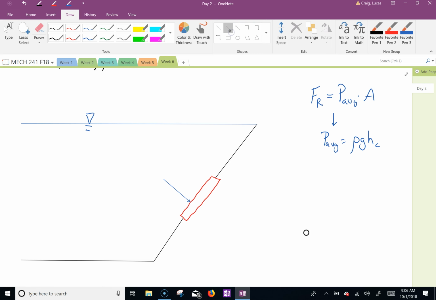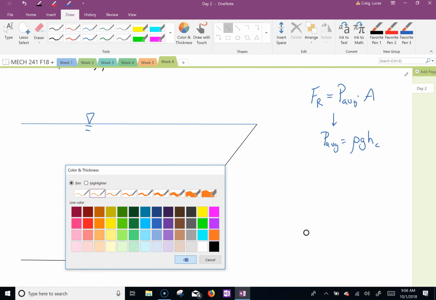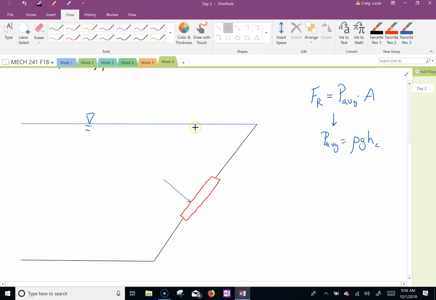I'll do these arrows in orange. So there to there, and then something like this, where this is h_p, and this one's h_c. Label this F_R.